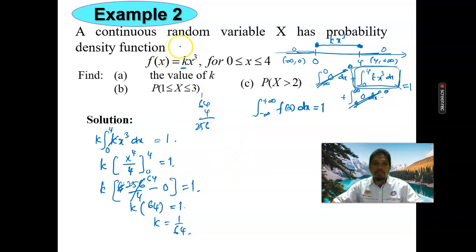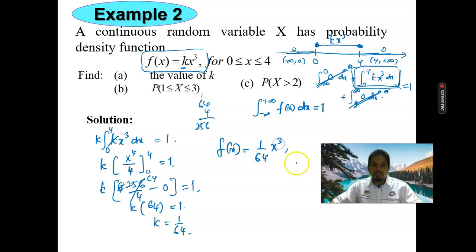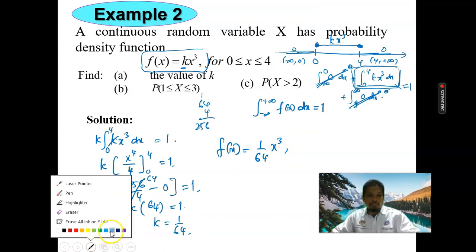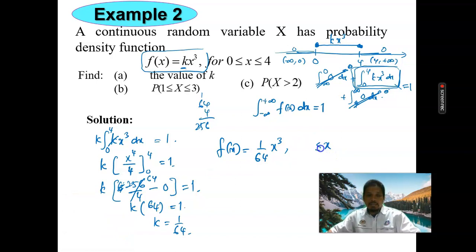So we call the complete function of this, which is fx equal to 1 over 64 x cubed, okay, for x lies in between 0 until 4. Okay, so k equal to 1 over 64, and rewrite this function properly, then you get fx equal to 1 over 64 times x cubed.